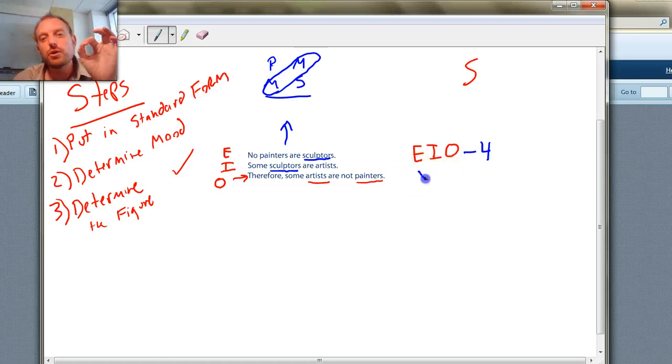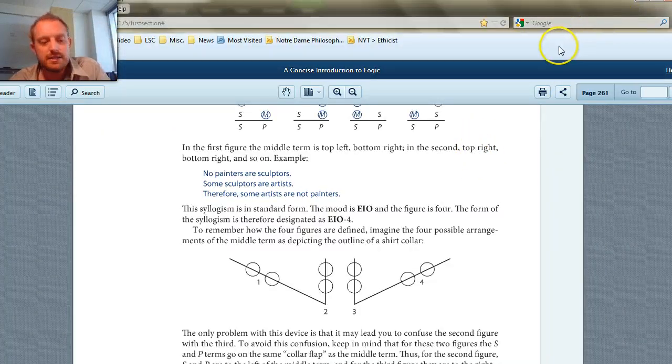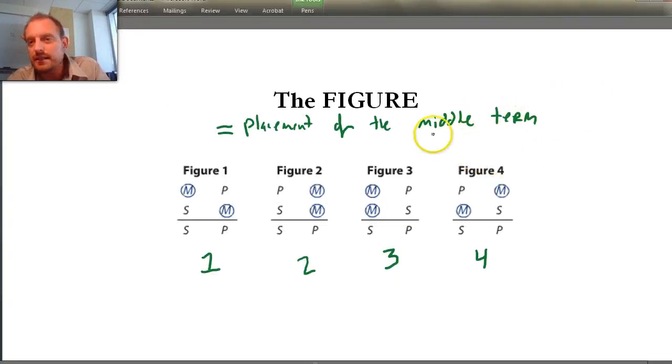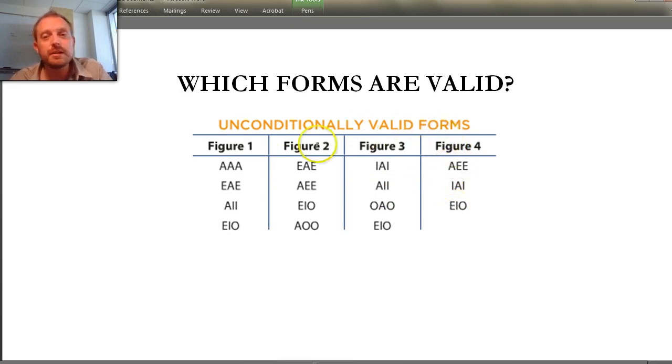Now, this is important because now we can ask ourselves, is this valid? We're going to figure out how to prove validity later. But for now, in this chapter, section 5.1, we actually have a list of all the standard form syllogisms that are valid. So let's go back to that list and take a look. Remember the difference between conditional validity and unconditional validity.